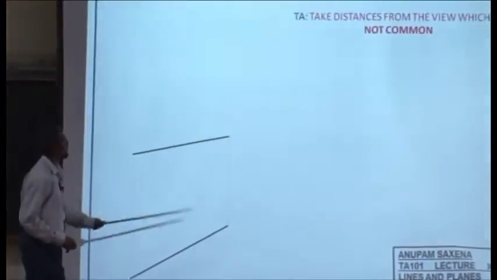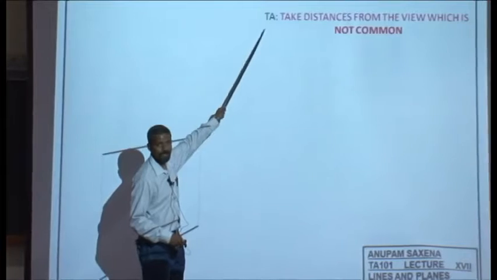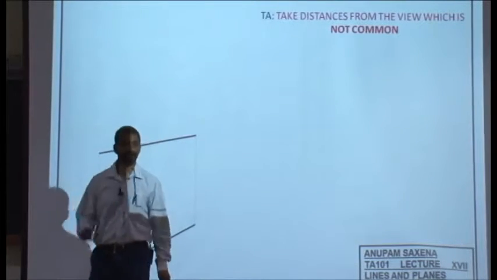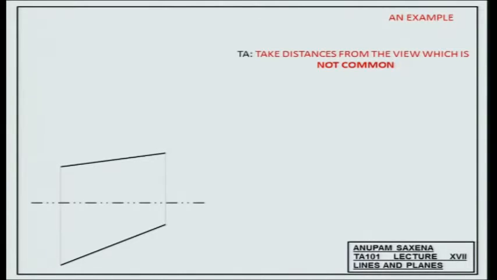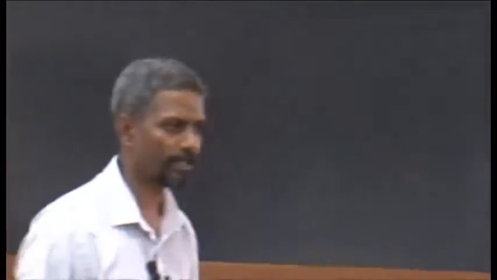Keep in mind that if there are three views, just ignore the common view, and take distances from the view which is not common. This is the hinge line that separates these two projections. It would be a nice idea for you to sketch this while I'm working with it, so you'll get a better idea.